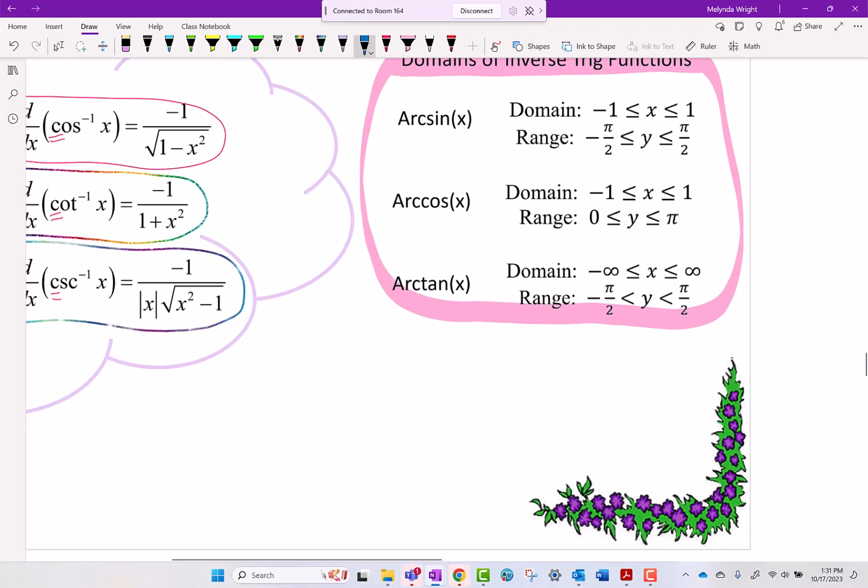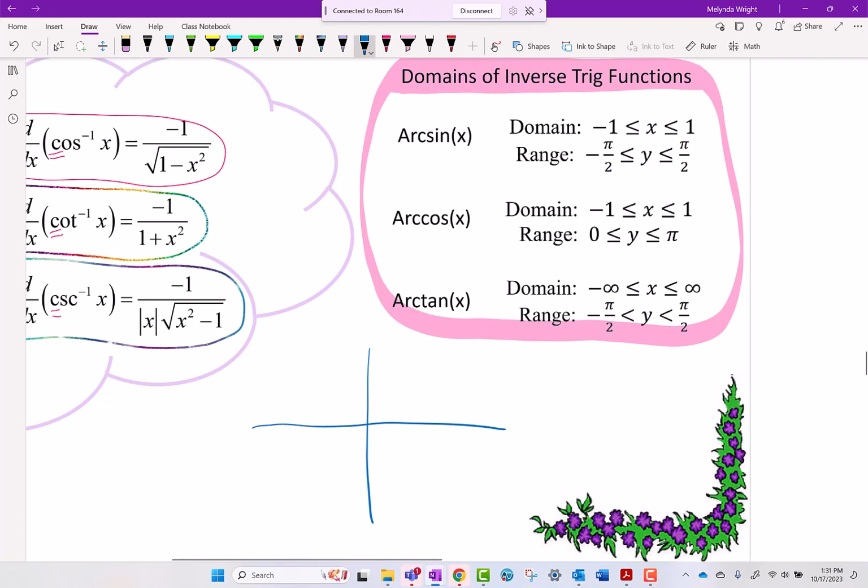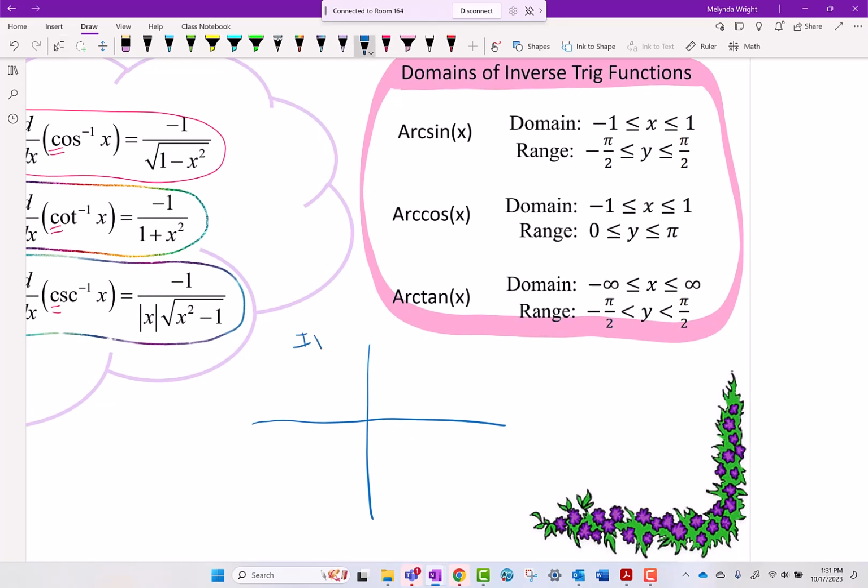So we're just going to do a coordinate plane. These are for the arc functions. This is for inverse trig. And you really need to have this information memorized, in your brain, so that you don't make a mistake about an angle. So let's talk about it.